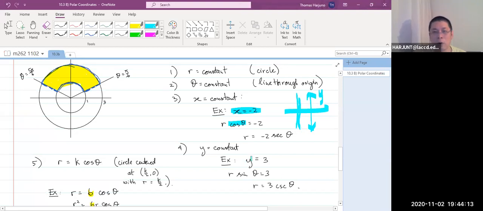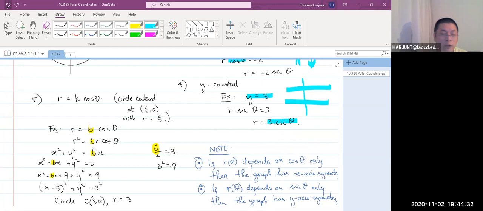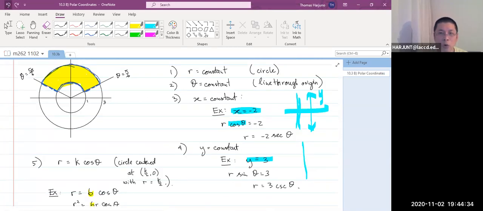Now, for y equals a constant, it has y-axis symmetry, and r depends on sine only. This is 3 over sine theta, so it depends on sine only. Now, if you have a mixture of sine and cosine, then you may not have that privilege of x or y-axis symmetry.